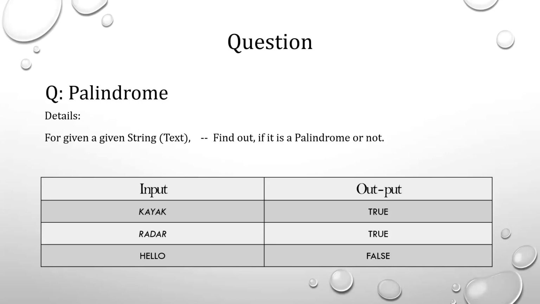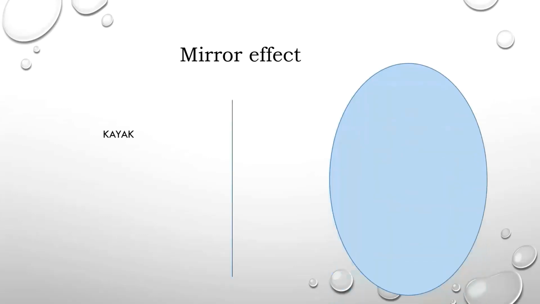Now that we know what our input and output would be, let's understand what makes a string a palindrome. We have something called the mirror effect, which will help us understand how we can find out if a string is a palindrome or not. Let's assume the word kayak, which we know is a palindrome, and we're going to use a mirror to reflect it.